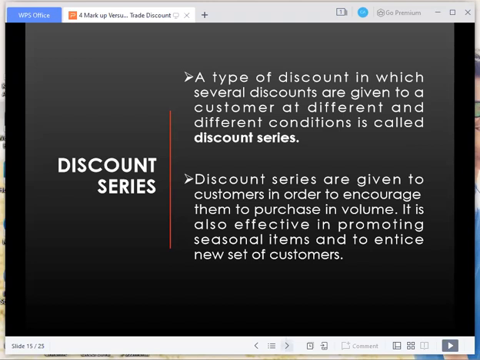For example, you are selling a certain product, milk tea, for example. Now, the original price of the milk tea is 100 pesos. Because today is our anniversary, the anniversary of the store, you markdown the price of your milk tea. So instead of selling it for 100 pesos, you will now sell it for 80 pesos.